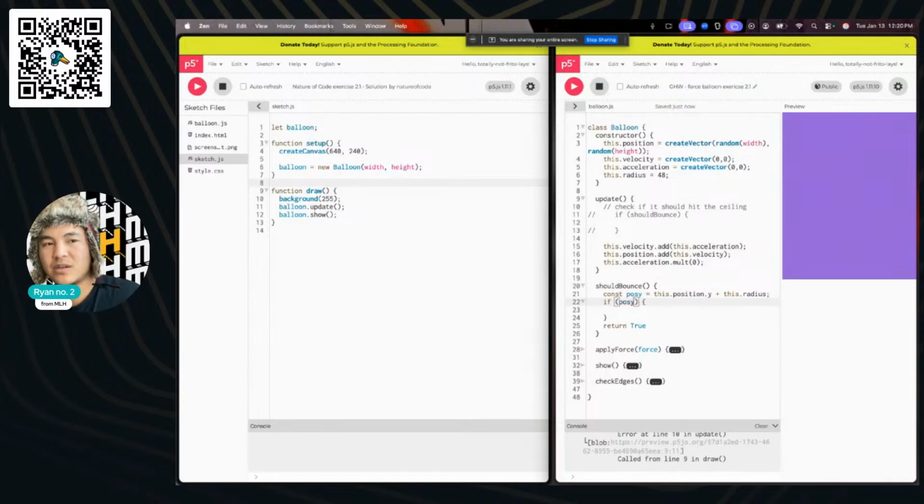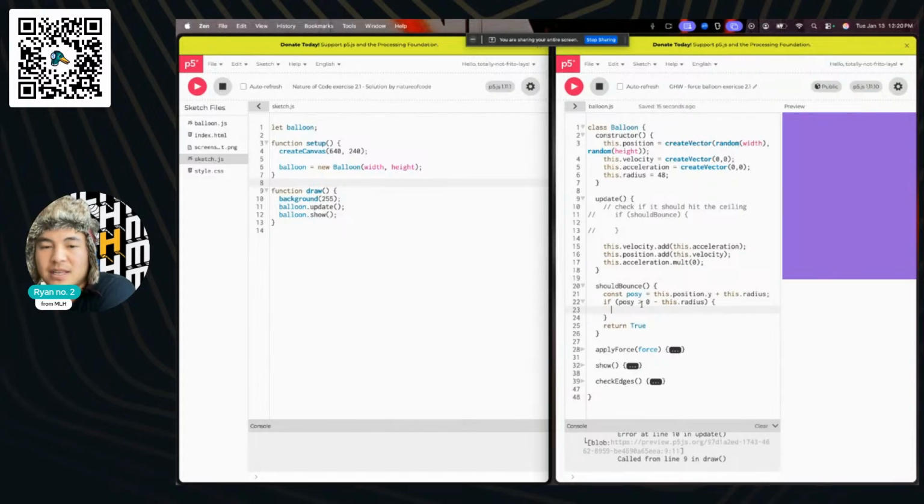So then we have position y. If position y is greater than 0 minus this dot radius, is that right? If position dot y is greater than 0.